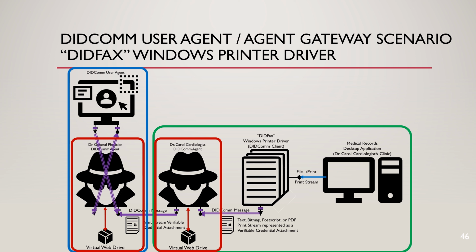So we can see the DIDComm user agent at the top of the blue box. And so a DIDComm user agent is paired with a traditional DIDComm agent at the bottom of the blue box.